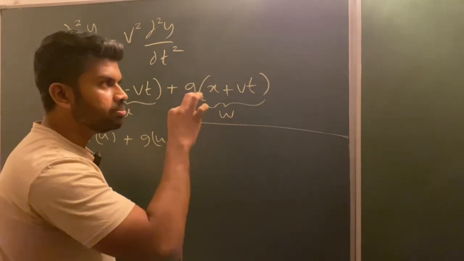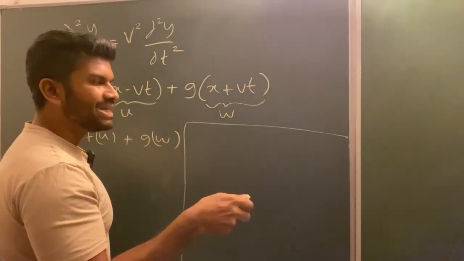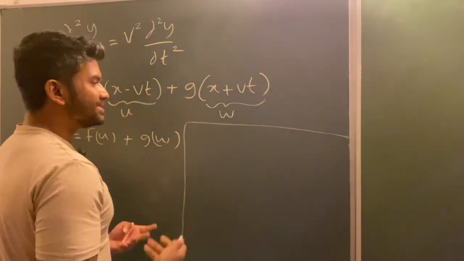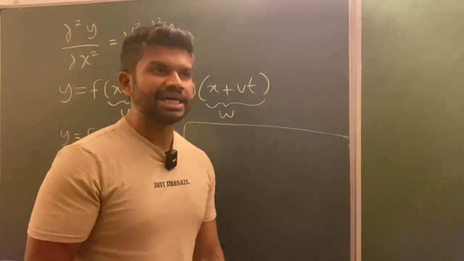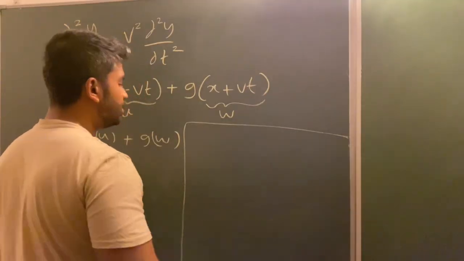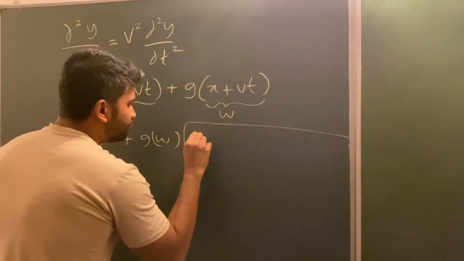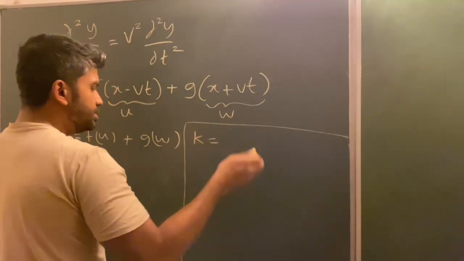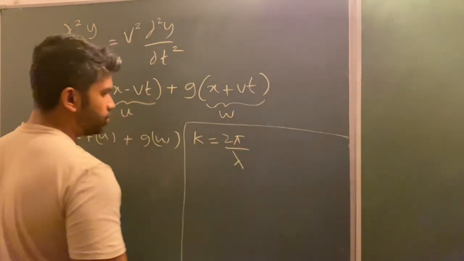In high school we mostly deal with wavelength and frequency, but in quantum mechanics we prefer to use the wave number, as well as omega, the angular frequency, rather than frequency directly. The wave number k is introduced as 2 pi over lambda, which is the wavelength.